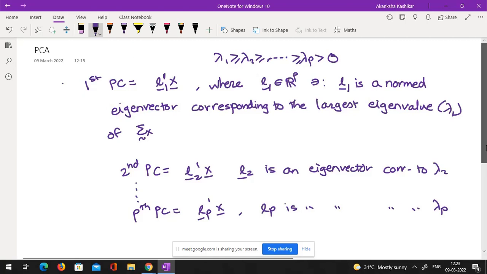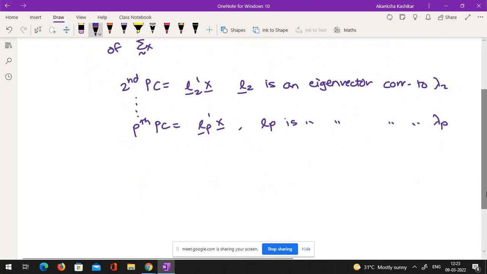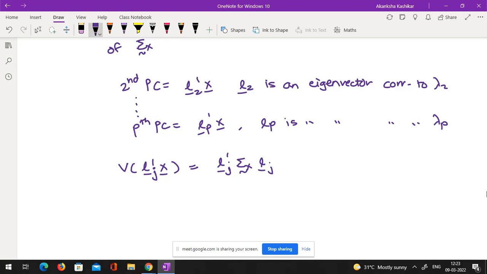Okay. Now we have also seen that the variance of L1 prime X, or in general terms, the variance of any Lj prime X will be Lj prime sigma Lj. This is just the formula for variance of a linear combination which we have studied in the preliminary lectures.